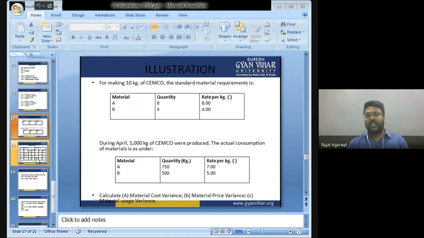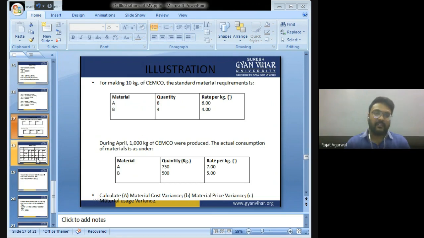Rate per kg of material A is 6 rupees and of material B 4 rupees. So to manufacture 10 kg of Chemco we require a mixture of two materials. Material A is consumed 8 kg and material B is consumed 4 kg to manufacture 10 kg of Chemco. Rate per kg of material A is 6. Rate per kg of material B is 4 rupees.